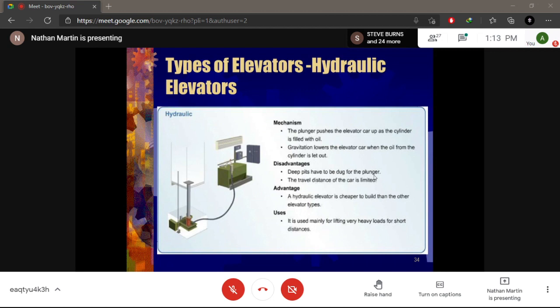A disadvantage of this type of elevator is that it has to have a deep pit, because at the ground floor, it should be able to fit the lifting equipment in a pit for the car to reach level with the floor. So you would have to have a pit. The travel distance of the car is limited, so these are normally used for two- and three-story buildings.